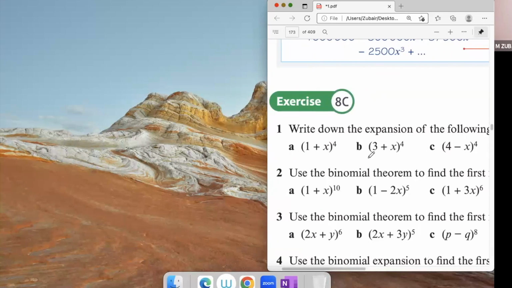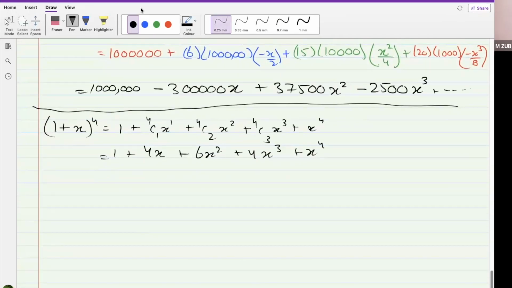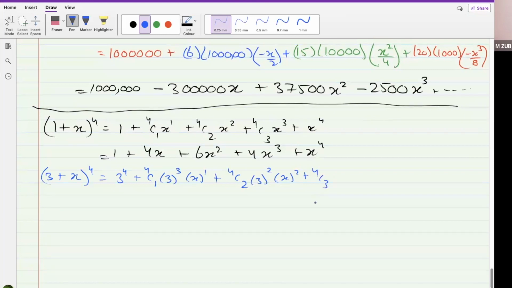Now, I'm using 3 plus x. So 3 plus x power 4. First thing is a raised to power 4, plus 4C1 a^(n-1) b1 plus 4C2 a^(n-2) b2 plus 4C3 a^(n-3) b3 plus the last power is always max.